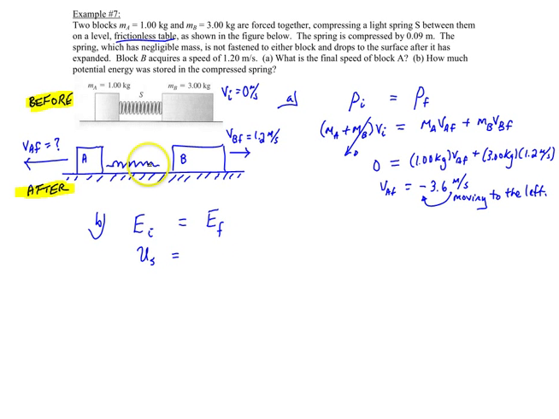And the energy afterwards is kinetic energy. So we have two kinetic energies. We have the kinetic energy of A finally, and we have the kinetic energy of B finally. In fact, let's just put those formulas in here. We have 1/2 mass A times velocity A final squared, plus 1/2 mass B times velocity B final squared.